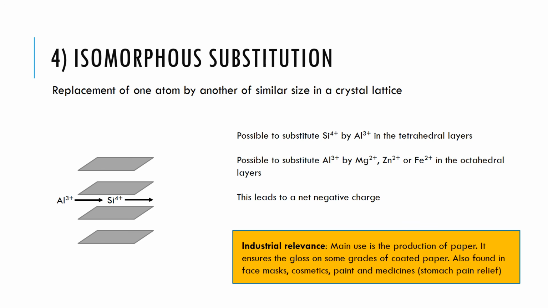What you do then is you yield some kind of charge imbalance, and you yield a net negative charge in the clay colloidal particle, and of course it's a barrier to aggregation.